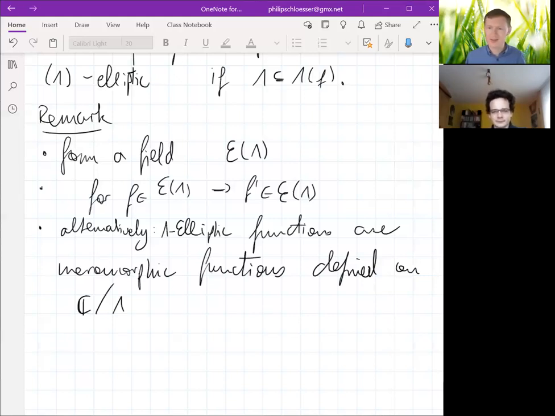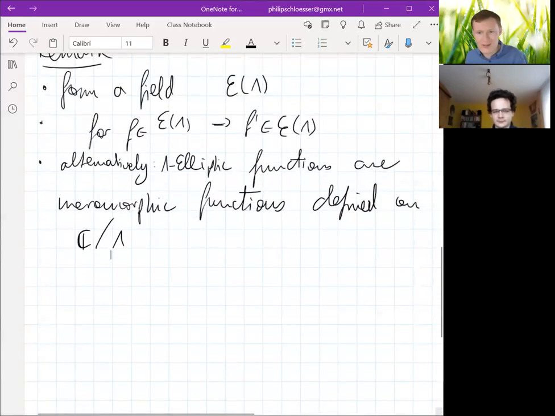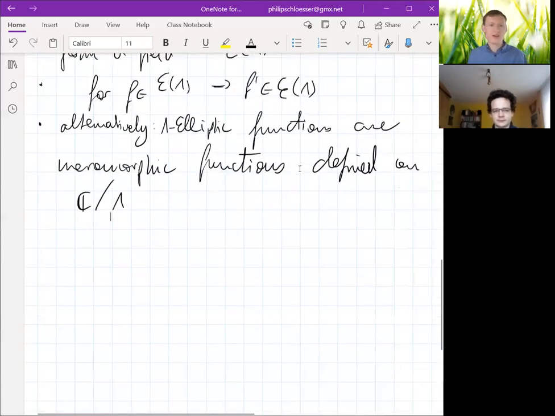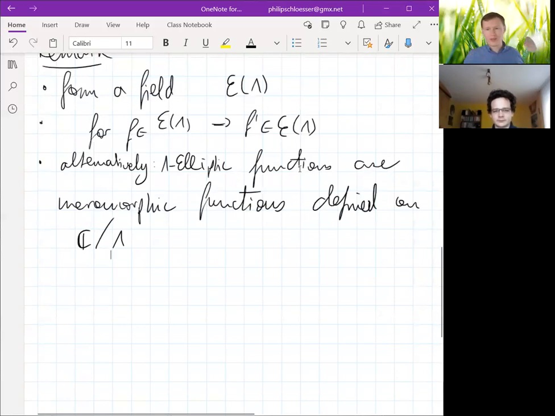Oh, sorry, it is, but that's not the point. The point is that their quotient is still a manifold and works nicely with complex structure. So it is indeed a Riemann surface. And well, meromorphic functions on that Riemann surface are just meromorphic functions on C that have that periodicity. So nothing really happening here.